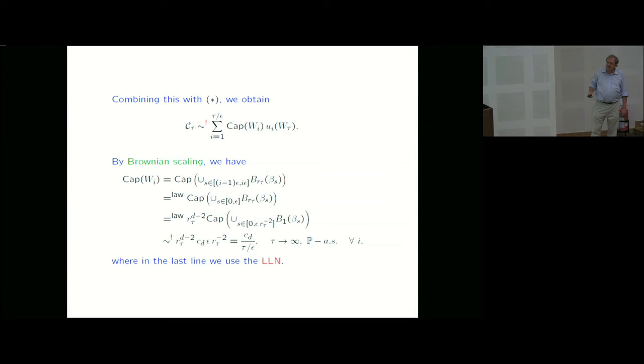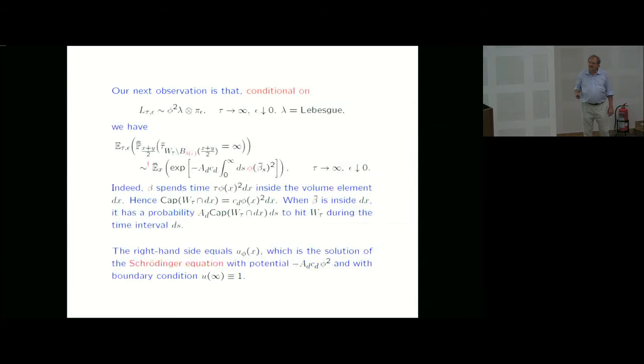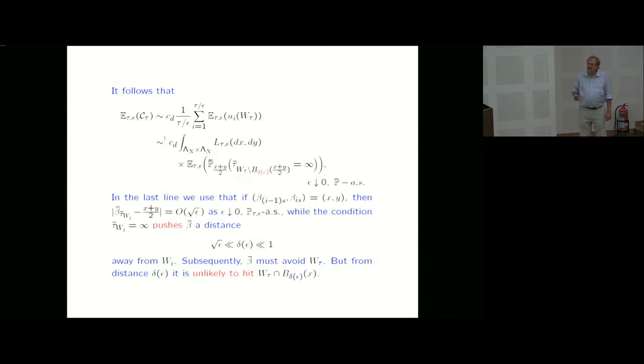And then when I stick that in, I get a more palatable quantity that involves the empirical pair measure and something that is just a problem about Brownian motion managing to escape from the Wiener sausage starting from somewhere in the center.